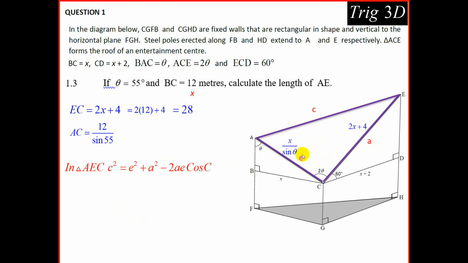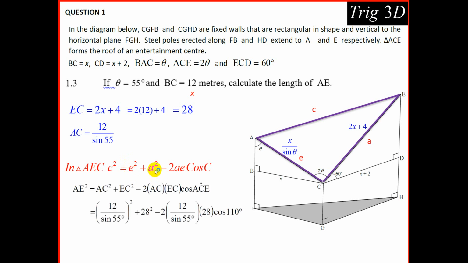Now e, which is AC, we found to be 12 over sine 55. We also know a, which we found to be 28. So we're going to use 28 squared, minus 2 times 12 over sine 55, times 28, and cos of angle 2 theta, but remember theta is 55. So that will be cos of 110 degrees. We have 2 times 55 giving us the 110.